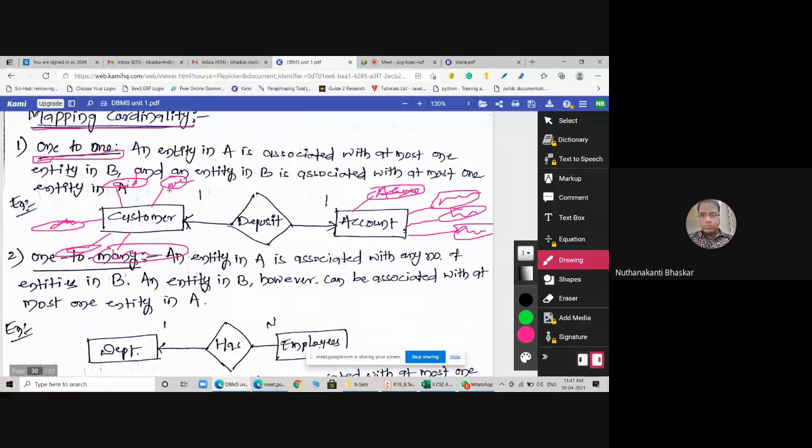In your diagram, we are going to mention one and one here, on this line, in this relation. Customer is one, account is one. Some people are going to represent it like this: one means only one, N means many. Remember. Otherwise, some people will use this arrow symbol.